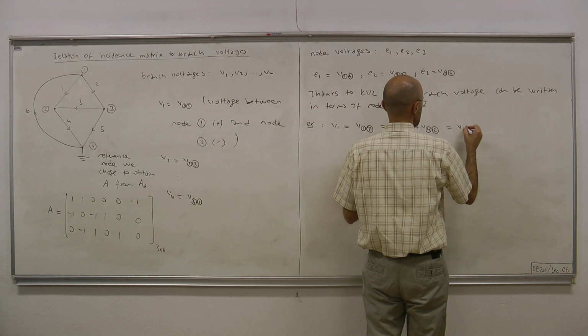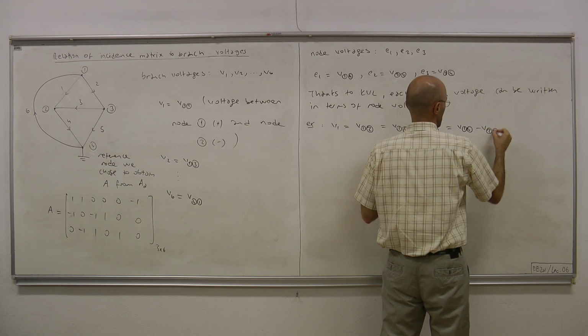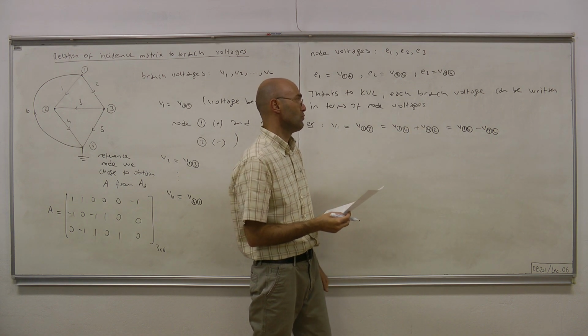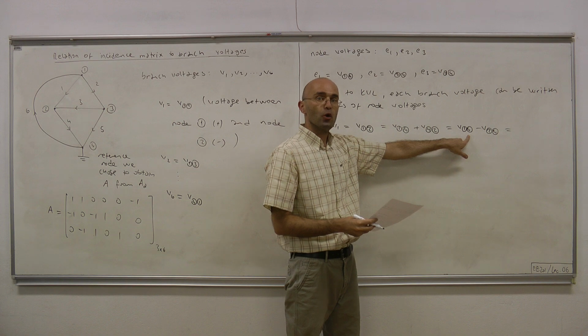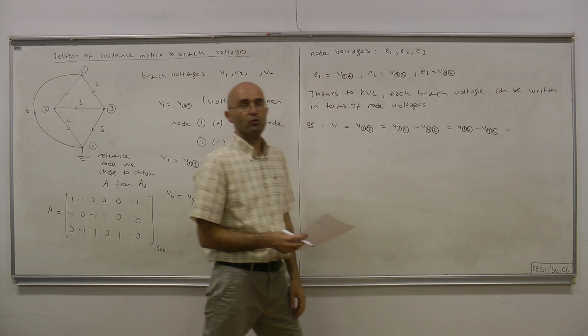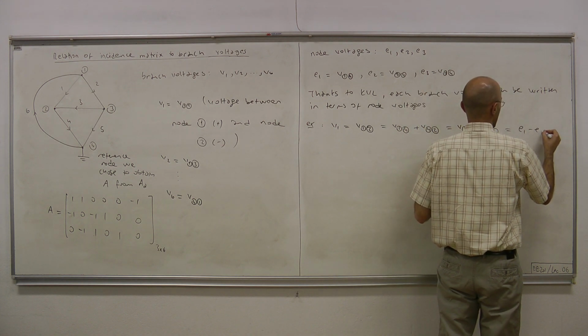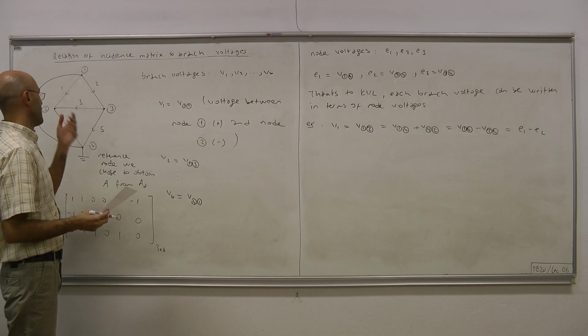This equals V14 minus V24, because V42 is minus V24. And by definition, this is node voltage 1 and that's node voltage 2. Therefore, V1 equals E1 minus E2, the difference between first and second node voltages.